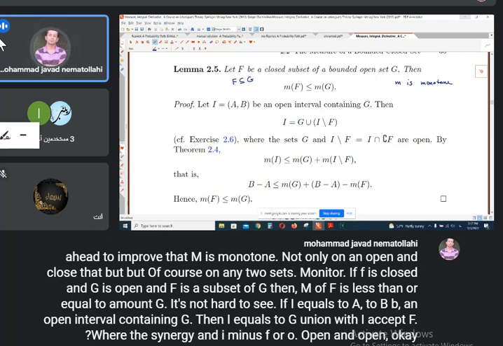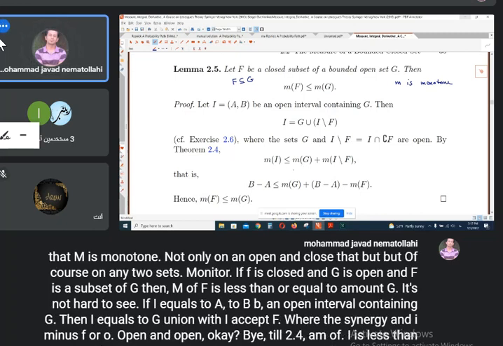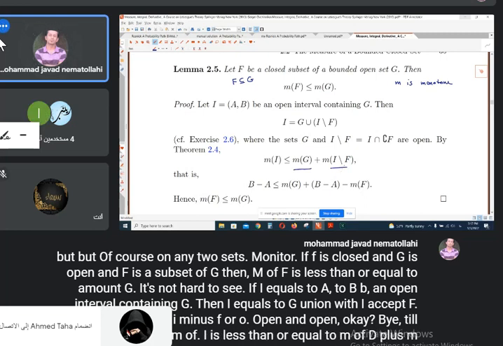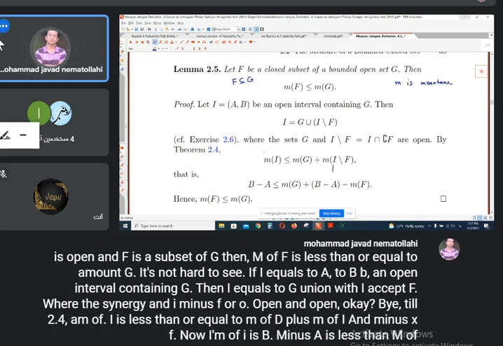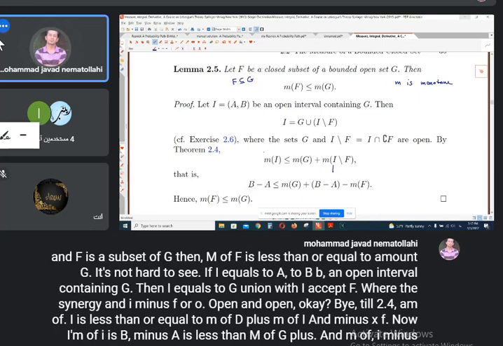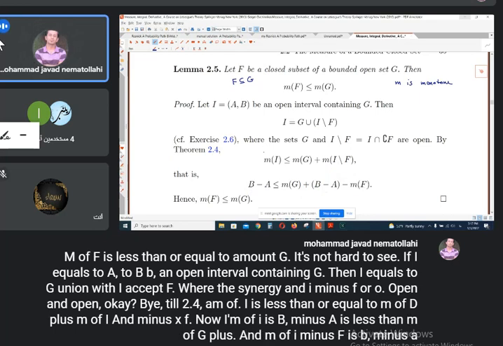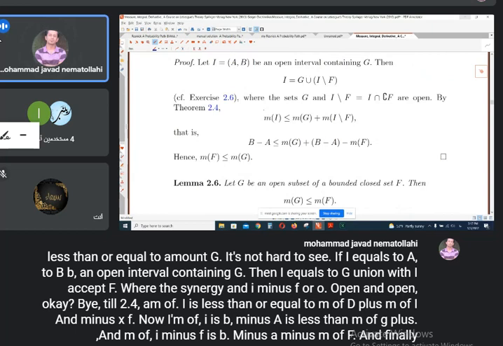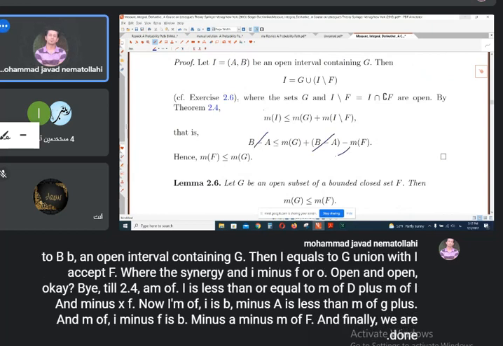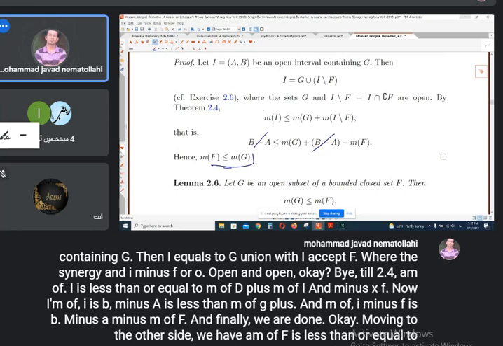By Theorem 2.4, m of I is less than or equal to m of G plus m of I minus F. Now, m of I is b minus a, which is less than or equal to m of G plus m of I minus F, which is b minus a minus m of F. And finally, we are done. Move it to the other side. We have m of F is less than or equal to m of G.